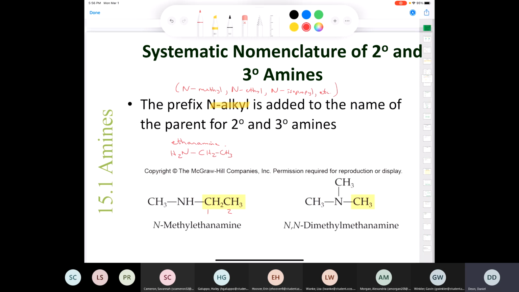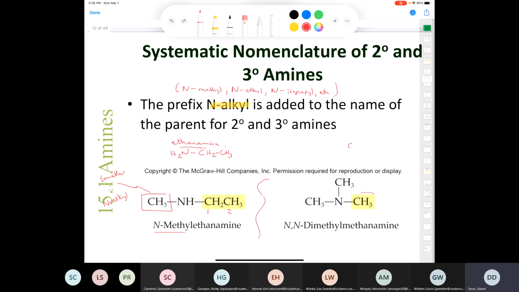But this is the N-alkyl group, the smaller group. So this is smaller, therefore it is the N-alkyl. And what is it? It's a methyl group. So that means it's going to be an N-methyl, and then I add ethanamine. So N-methylethanamine.